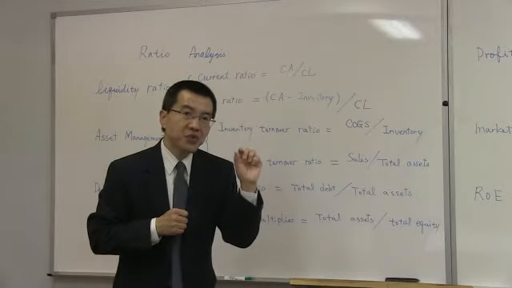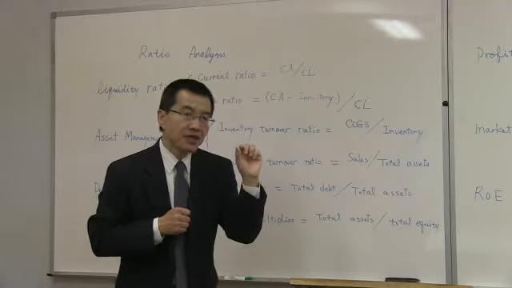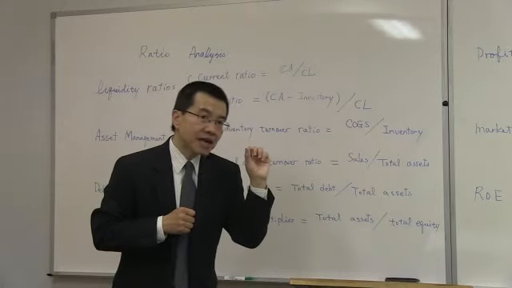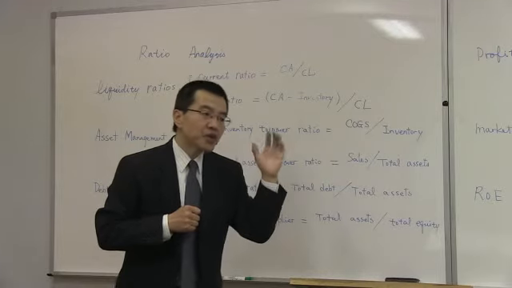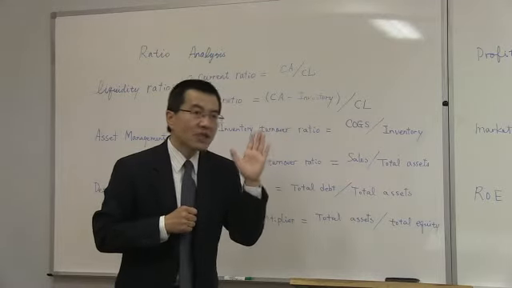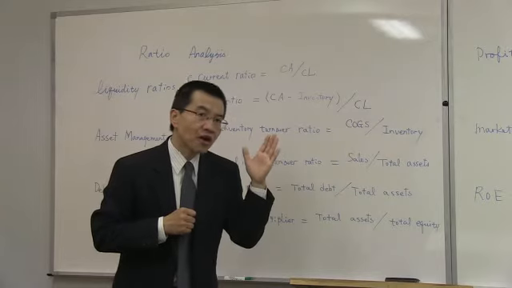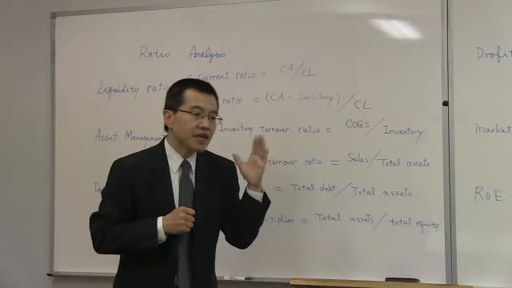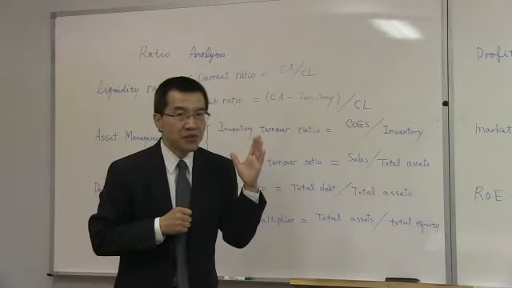Compare these ratios with the company itself. Say, 1 year ago, what were this company's financial ratios? 2 years ago? To see the trend, whether the company is improving or everything is getting worse. So that is how to use the financial ratios.